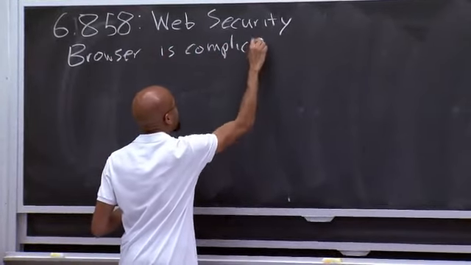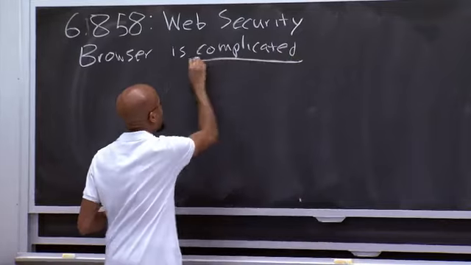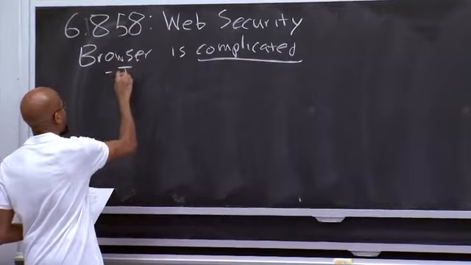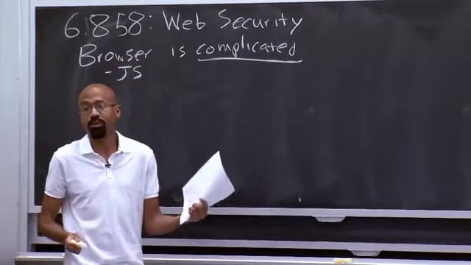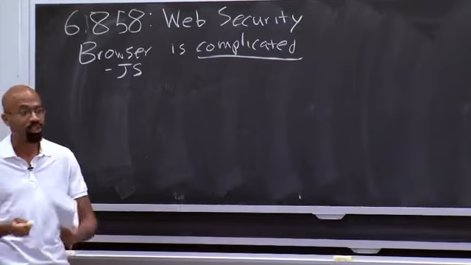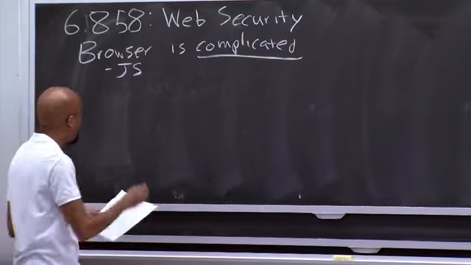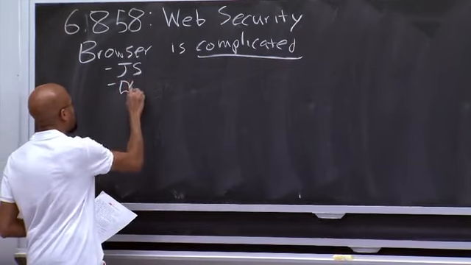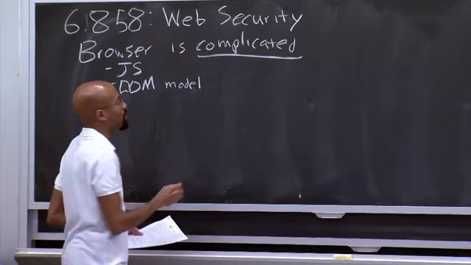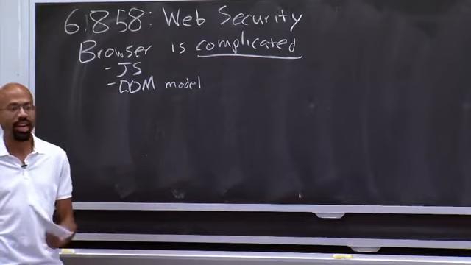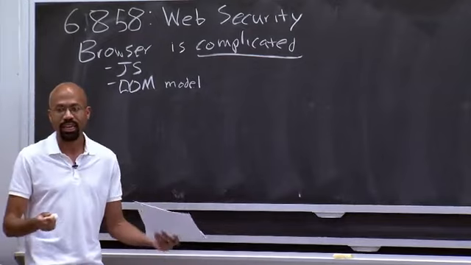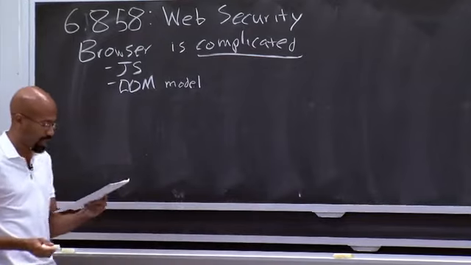Now there's all kinds of insane dynamic stuff that the browser can do. For example, you've probably heard of JavaScript, which allows pages to execute client-side code. It's Turing complete, and can do all kinds of wacky stuff. There's the DOM model, which we'll talk about in more depth later today. The DOM model essentially allows JavaScript code to dynamically change the visual appearance of the page, fiddle with things like font styling.